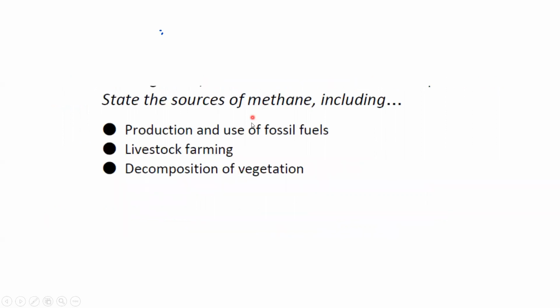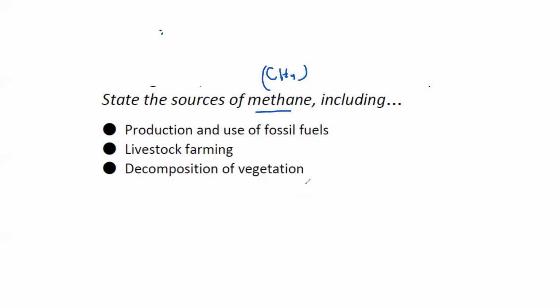The last one is methane. Methane is CH4. How is methane produced? Production and use of fossil fuel, like crude oil, also produces methane gas. Livestock farming, because animal waste or cow waste is continuously producing methane gas.